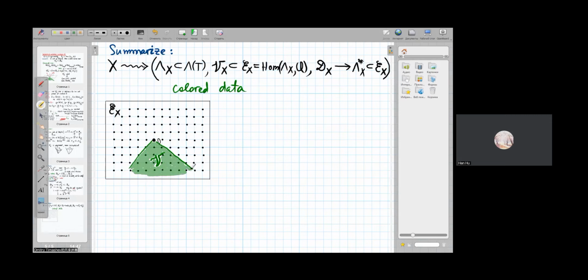And also we have a finite set of vectors in the dual lattice corresponding to colors. Well, for instance, this vector, vectors or points, you may say both ways.